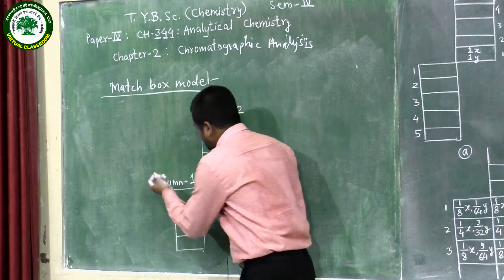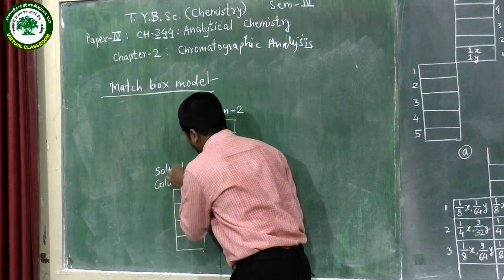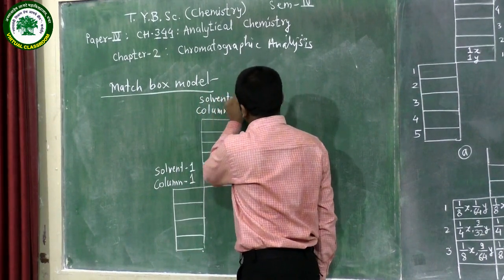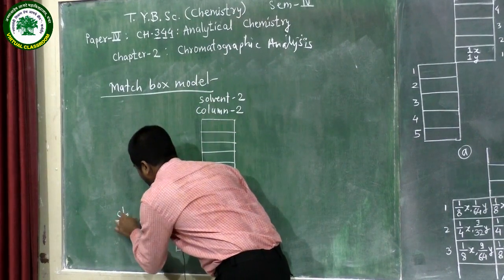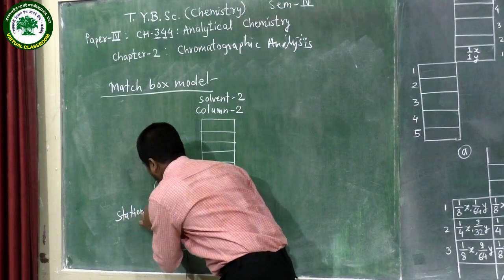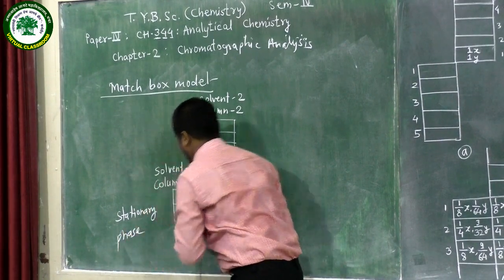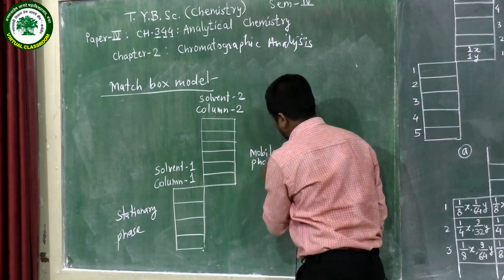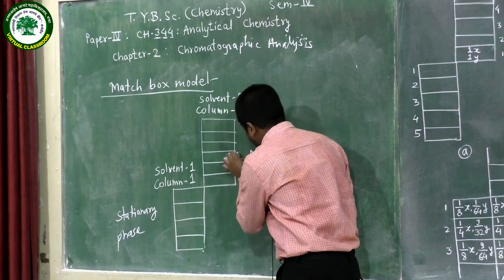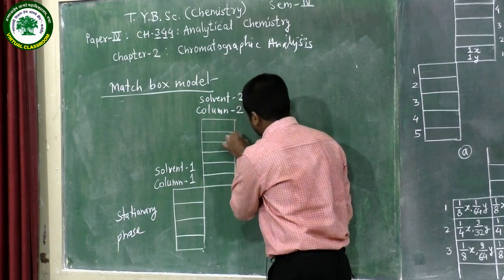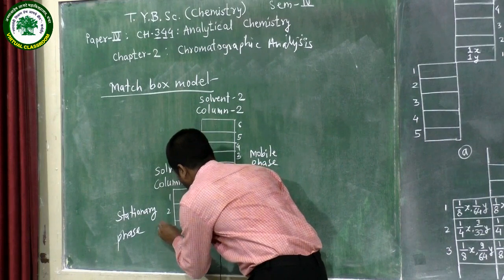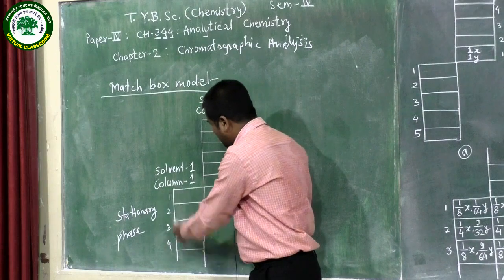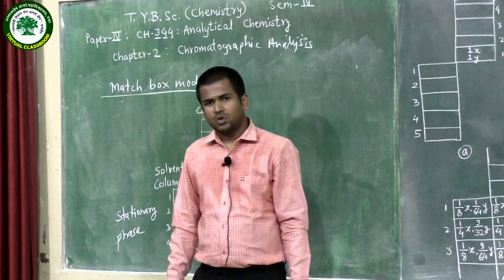Column 1 is assumed as solvent 1 and column 2 as solvent 2. This is the stationary phase and this one is the mobile phase, and these columns contain a number of boxes like this, and so on, in column 1 as well as in column 2.